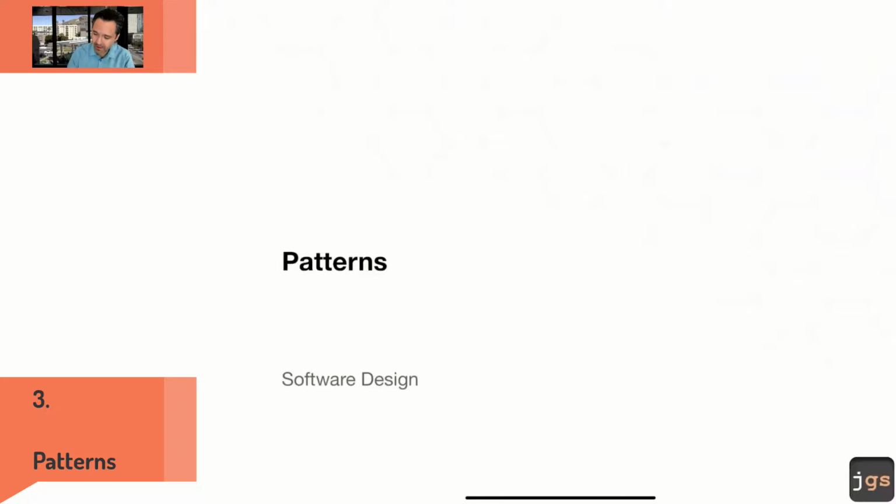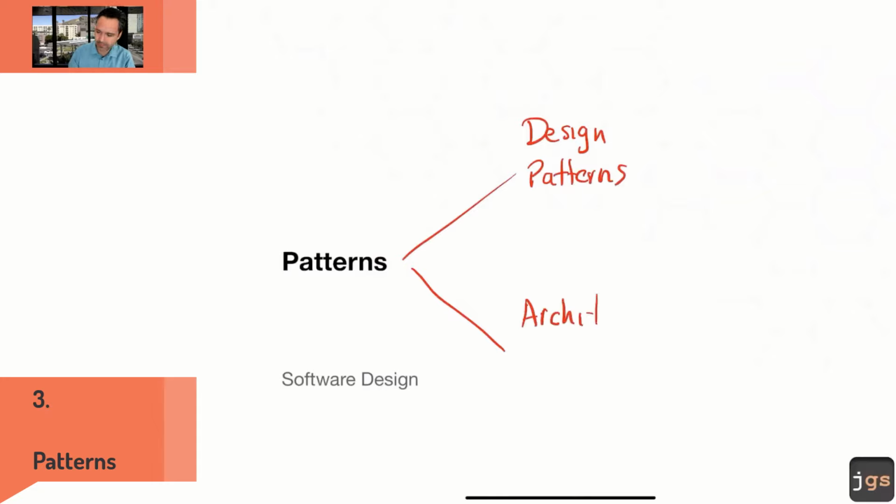In particular, we're going to be talking about design patterns, and later about architectural patterns. Patterns for the architecture of the software, a topic that we need to cover later, and patterns for the design.